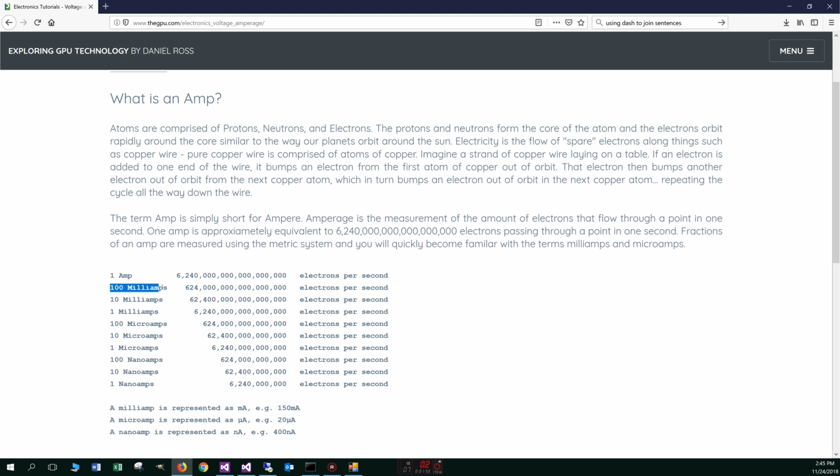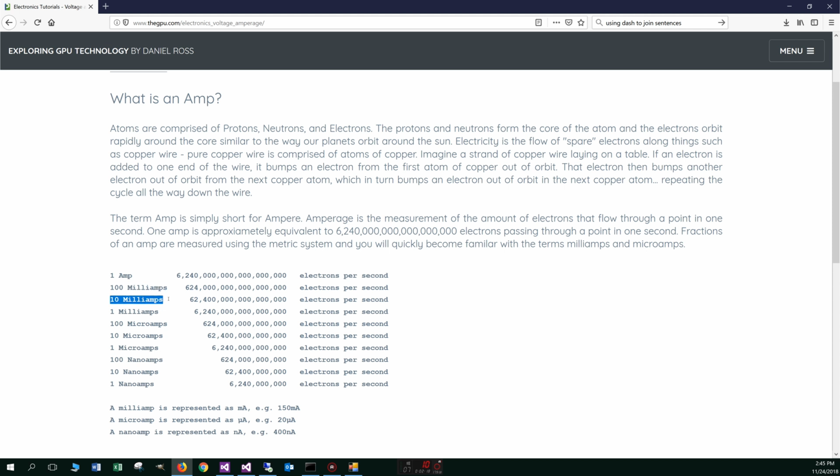Now 100 milliamps is 1/10 of an amp. 1 milliamp is 1,000th of an amp. But anyway, 100 milliamps equals 1/10 of an amp. As you can see, that is basically this number reduced by a power of 10. So this many electrons pass through a certain point in 1 second at 100 milliamps.